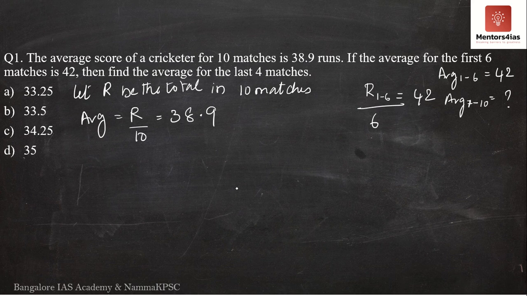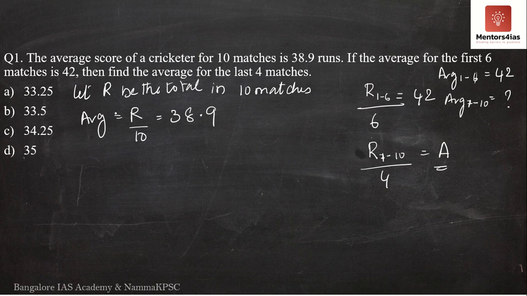Similarly, if we want the average of the last 4 matches, we have to divide the total runs scored in the last 4 matches, that is from match 7 to match 10, by 4. That is when we will get the average of the last 4 matches. Therefore, we have to find out A.